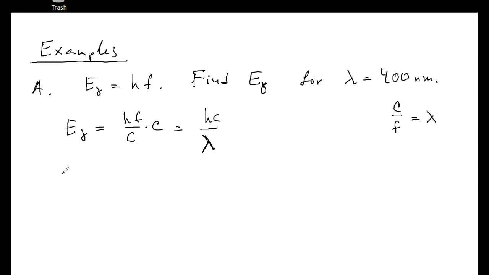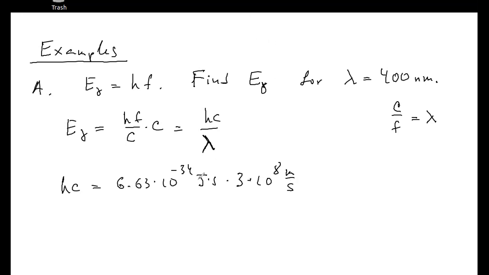Okay, good. So let's calculate this constant. If you have calculators, help me. So h is the Planck constant, c is the speed of light, 6.63 times 10 to minus 34 joule seconds. I'm going to multiply it by 3 times 10 to power 8 meters per second.